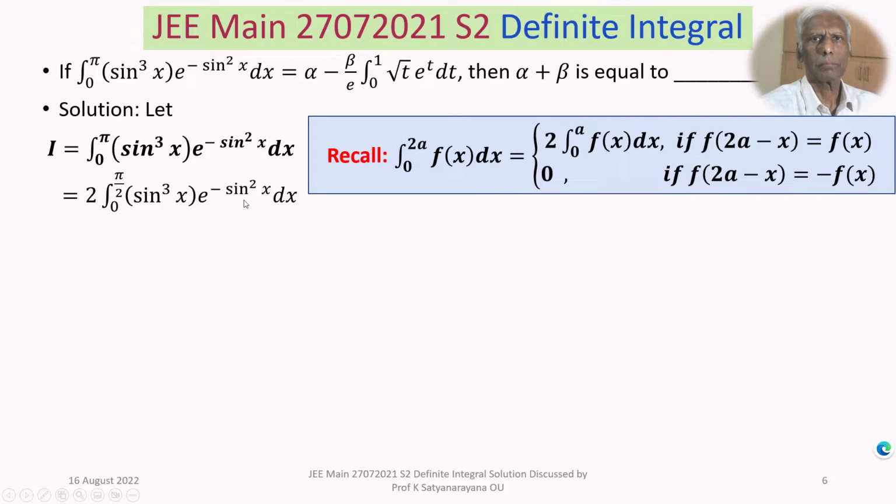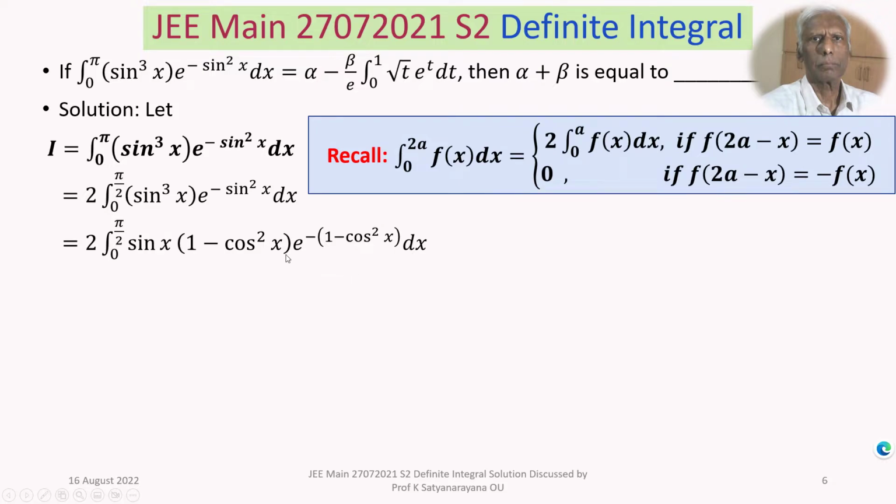For sine square x, we write 1 minus cos square x, and that is equal to 2 times integral 0 to pi by 2 sine x into sine square x, where for sine square x we have written 1 minus cos square x, into e power minus 1 minus cos square x dx.